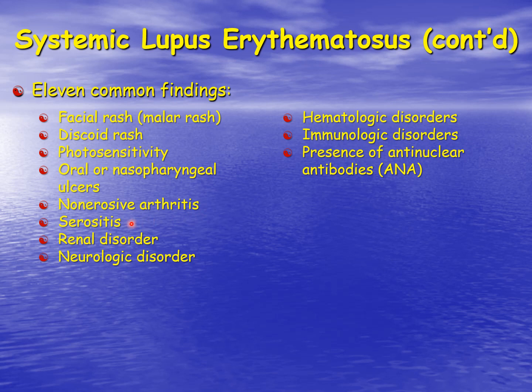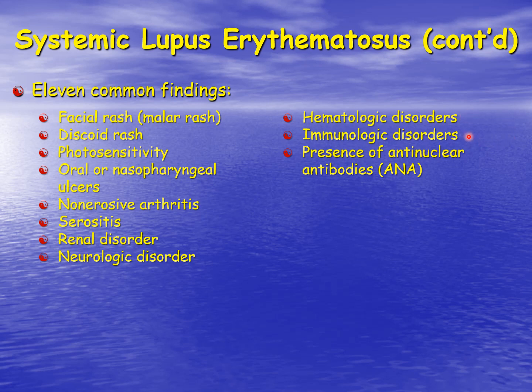Serositis, so inflammation of the serous membrane, so you get pleuritis, pericarditis, peritonitis. Renal disorders, including glomerulonephritis or even renal disease or renal tubular disease. Neurological disorders, hematological disorders, primarily anemias, but you can see again leukopenias and thrombocytopenias.